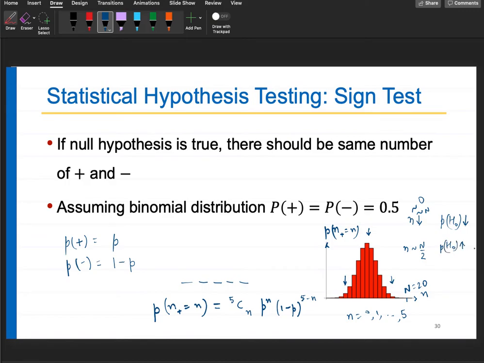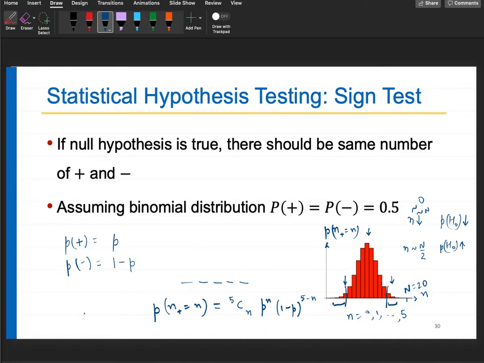Okay. Now how I quantify is, I measure the integral, the area under this curve or this histogram, up till this point, including this point. Basically, this area plus this area.